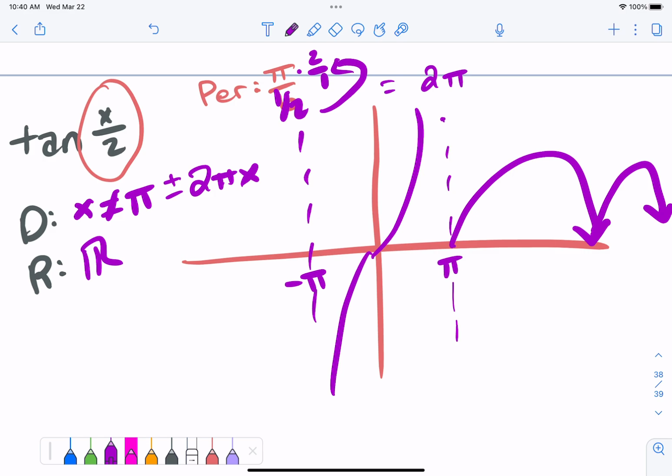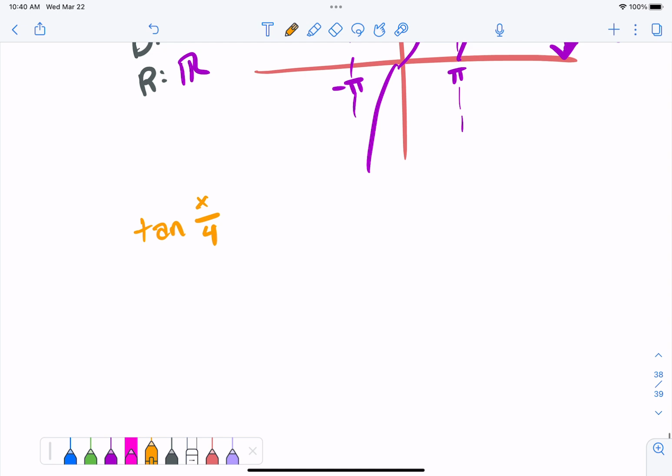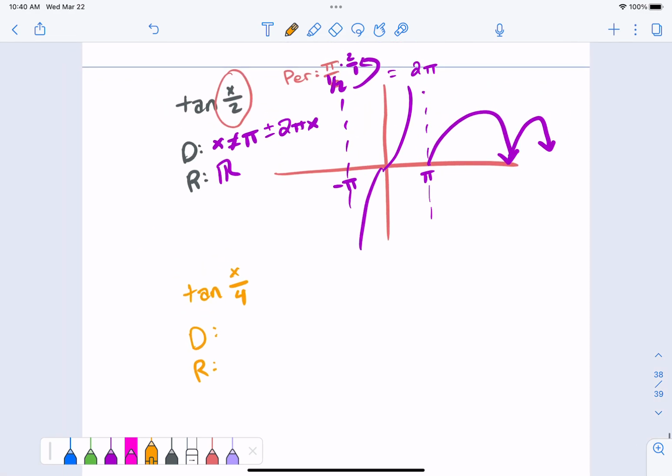So let's say, I'm going to change that really quick. Let's say we have tangent of x over 4. Find the domain and range of tangent of x over 4. See how that changes him. Maybe kind of do the same graphing type of thing.